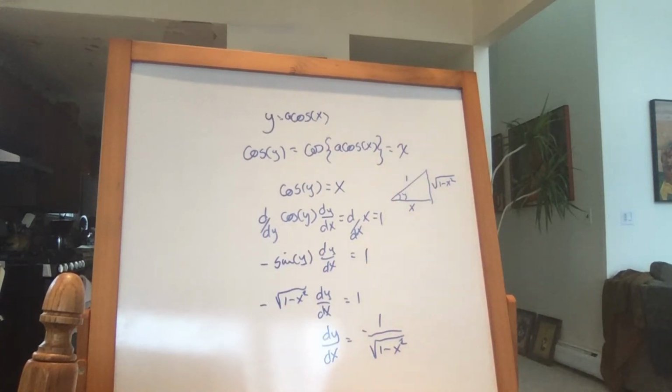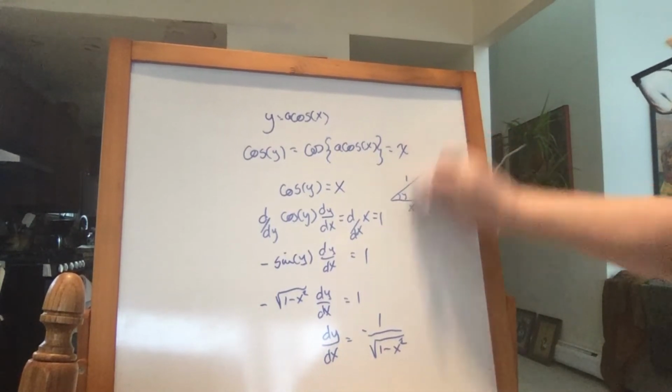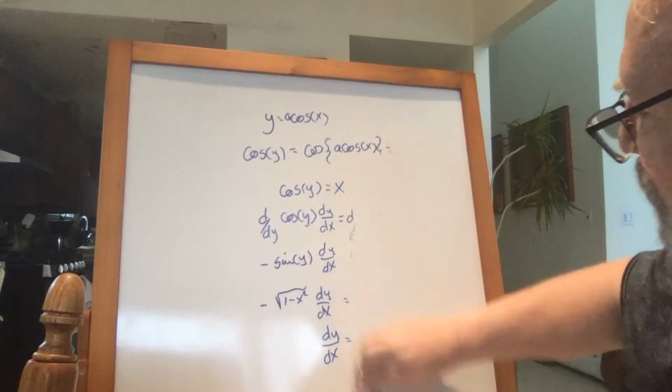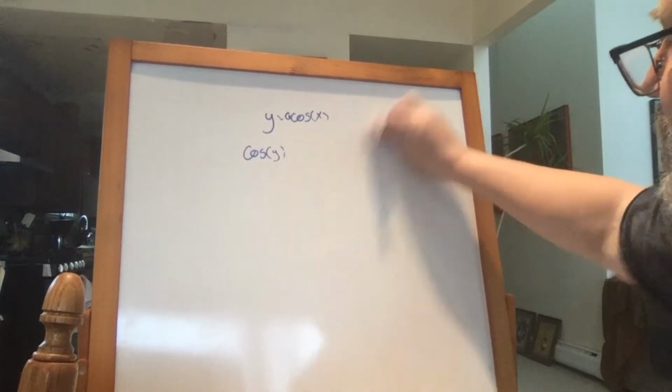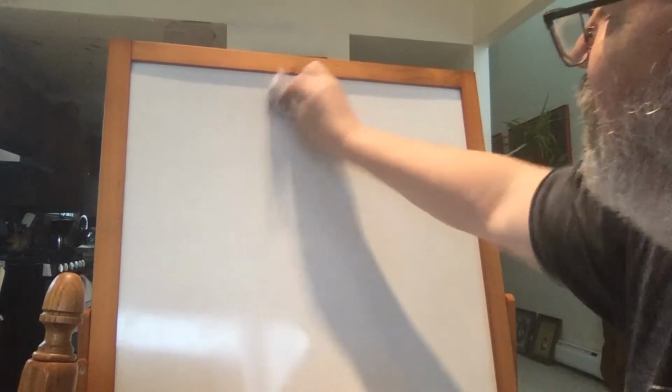Now we're going to start getting a little cool. We're going to get into some other stuff. Let's do the tangent and secants, and then we're going to start mixing stuff up.